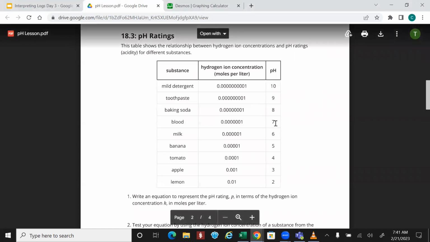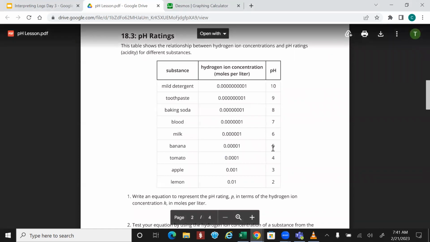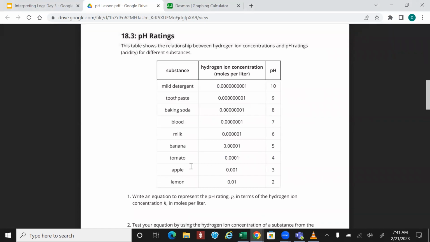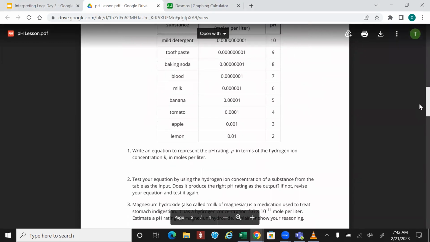Blood has a pH level of 7. Milk is 6. Bananas are 5. Tomatoes are 4. Did you know tomatoes are acidic? Did you know tomatoes are a fruit? Okay, there we go. Apples, 3. It's just because of how those seeds are set up, right?